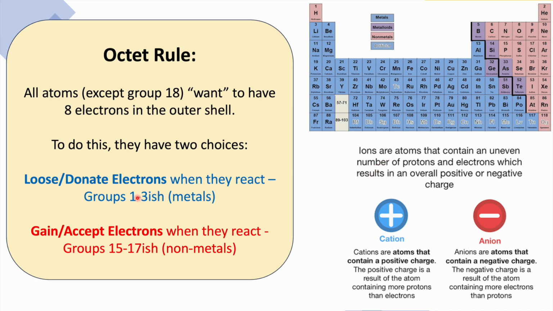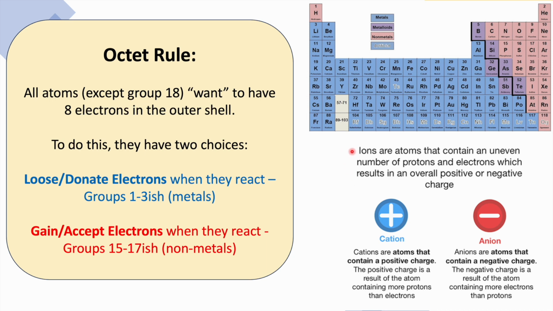Now I did write groups 1 through 3-ish. I meant groups 1 through 13-ish. All these blue elements, they're all going to lose electrons. All the pink elements, they're all going to gain electrons. And these purple ones can go either way.